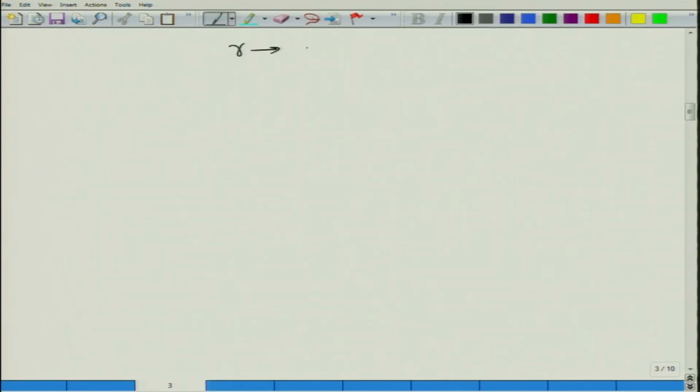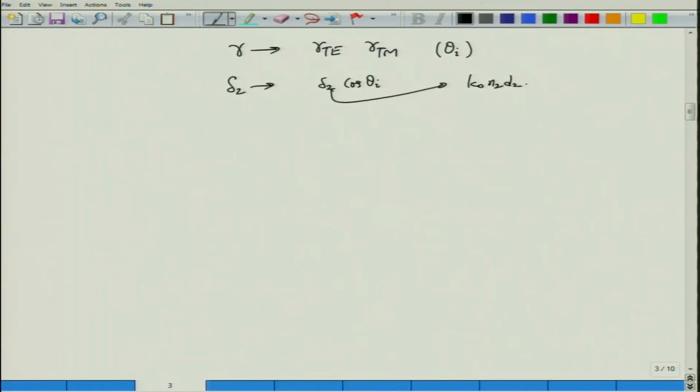So you replace this r with either r_TE or r_TM appropriately, both of which depend on the angle of incidence, and then you replace delta 2 by delta 2 cos theta_i, where delta 2 by itself is given by k0 n2 d2, okay, d2 being the thickness of that particular layer.